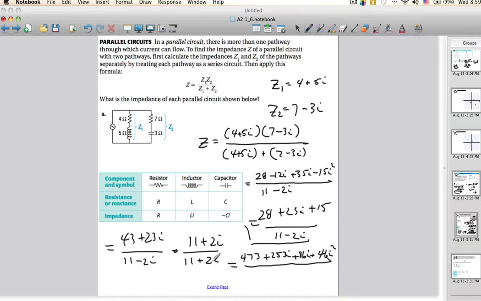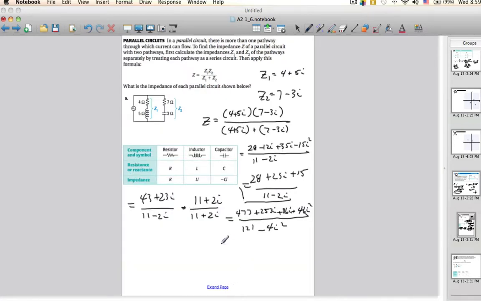In the denominator, it's a little simpler, right? We're going to have 11 squared minus 2i squared because I'm going to create the difference of two squares. So that's going to be 121 minus 4i squared. Here we go again. Long problem, right? The nice part is the denominator is going to be very simple. This is going to be 121 minus negative 4, so that's plus 4. That's 125.